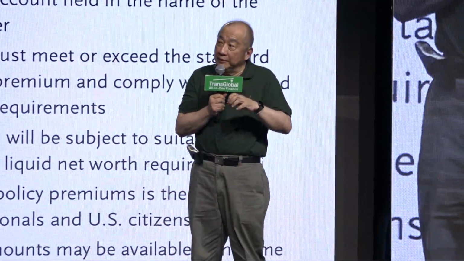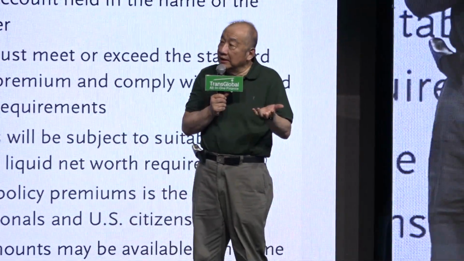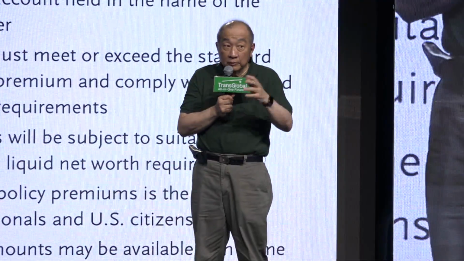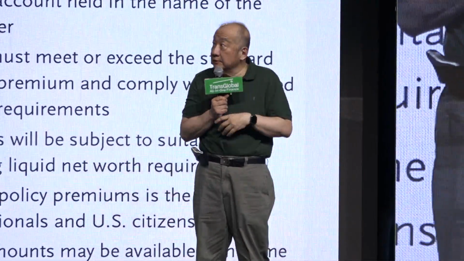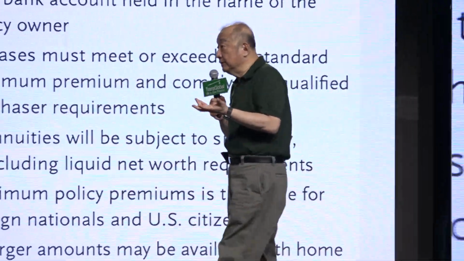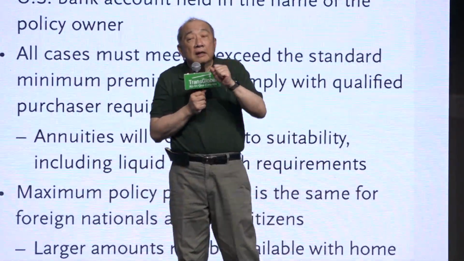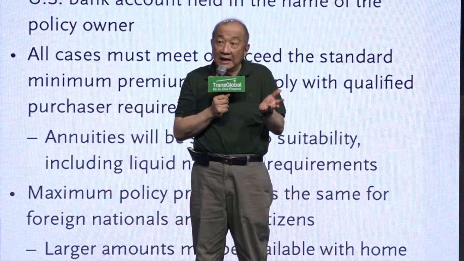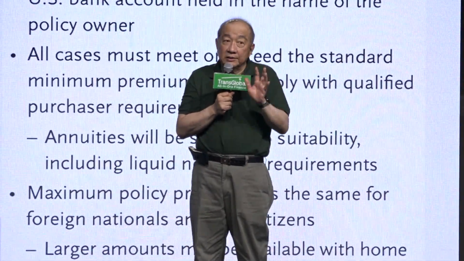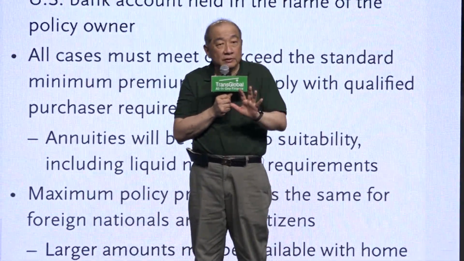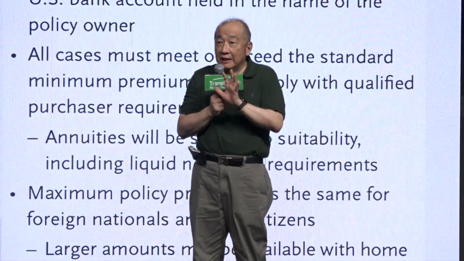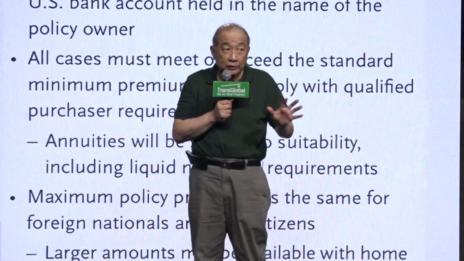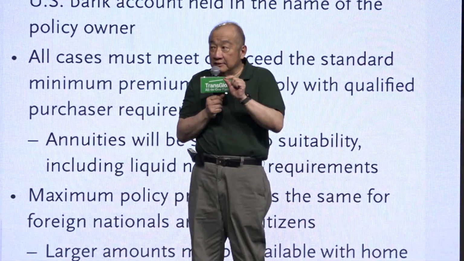For example, if you're getting $100,000 income, they are probably going to withhold 30%. Compared with life insurance, you can borrow the money without paying tax. So for foreign nationals, I prefer to sell life insurance rather than annuity, just because of the tax situation.